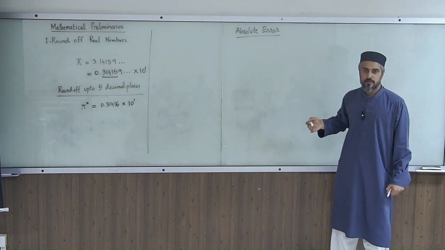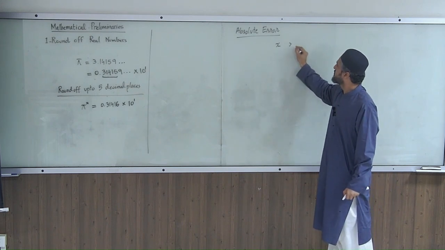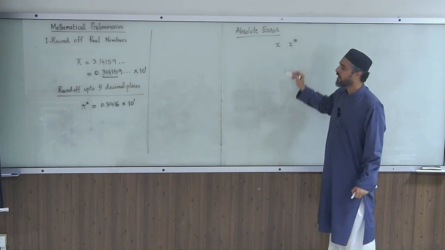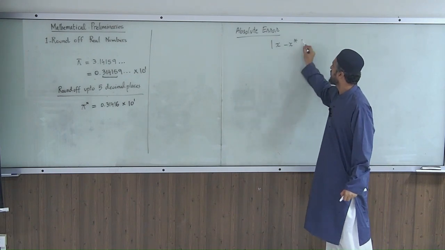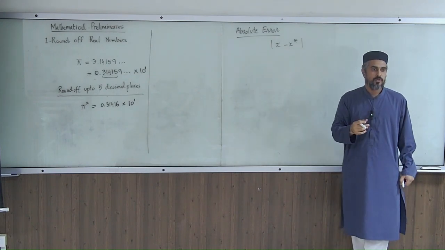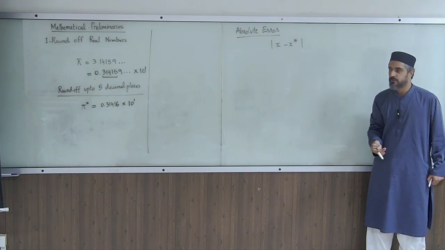For example, x is the original number and x star is its approximation up to k decimal places. Then the difference between the two in absolute terms will be the absolute error. Okay, so this is an absolute error.